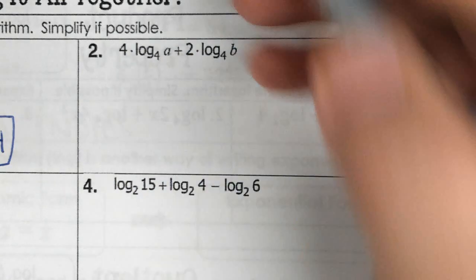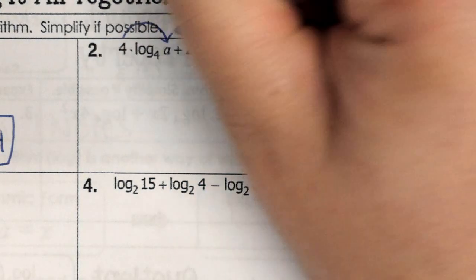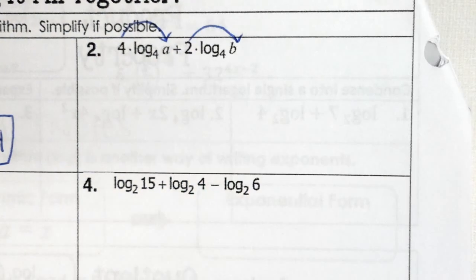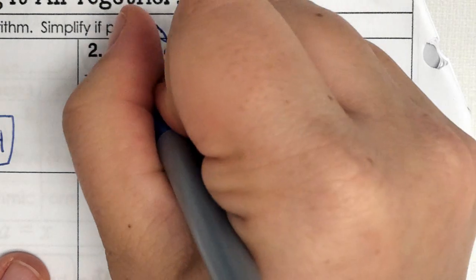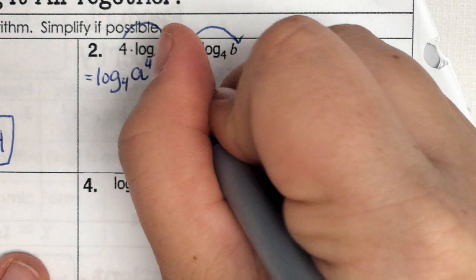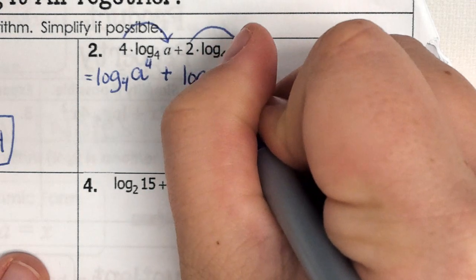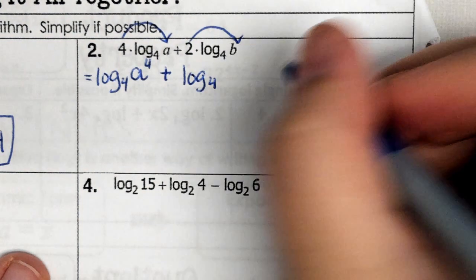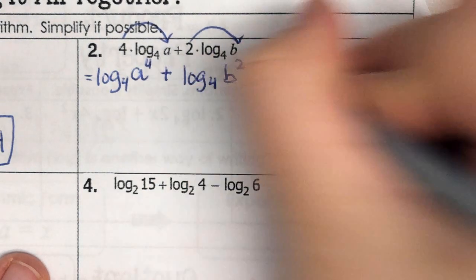Move the 2 to the exponent. So that is your first step, is to move these guys to the exponent. So that means that it's going to say log base 4 of a to the 4th now, plus log base 4 of b squared.